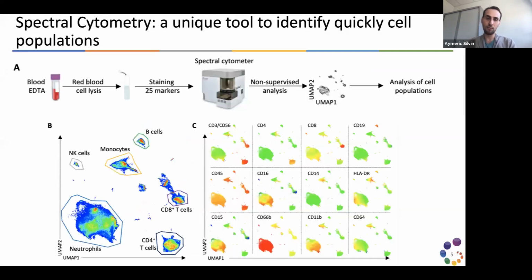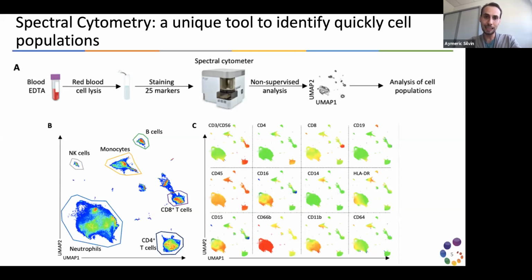So just to give you a quick overview, we were receiving blood samples from these patients. It was an emergency state, so I didn't have the luxury of time to build up my panel. I quickly built up a panel with 25 markers that I found in the fridge.